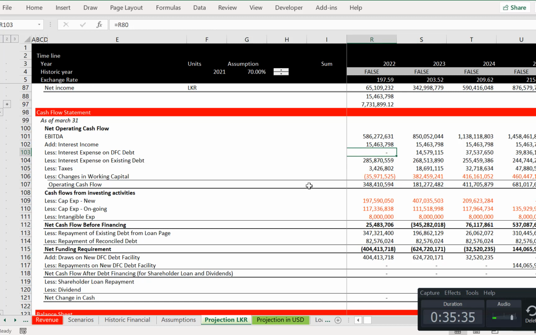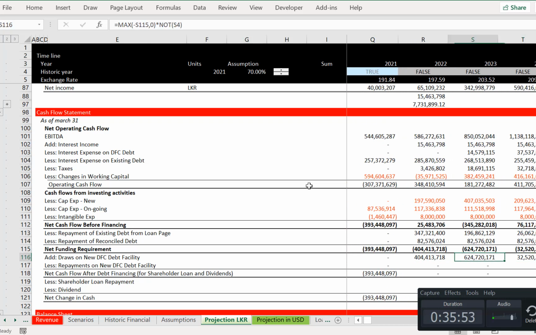Put all those in, get all your cash flow from investing, and get all your interest from all the other debt. Okay, and then you're going to have your scheduled debt repayment. And if the cash flow is negative because we've put in some new capex here, we're going to fund that capex with a maximum and a minimum function that I've gone through way too many times probably.